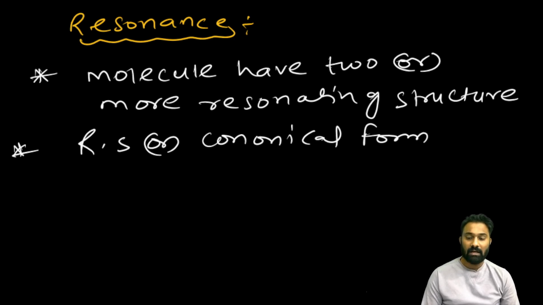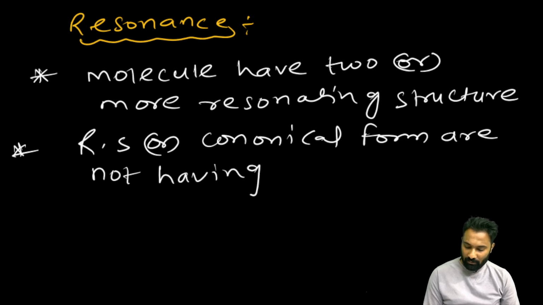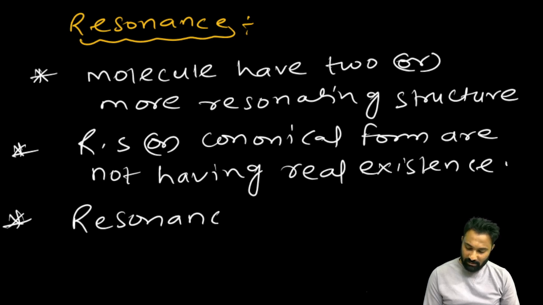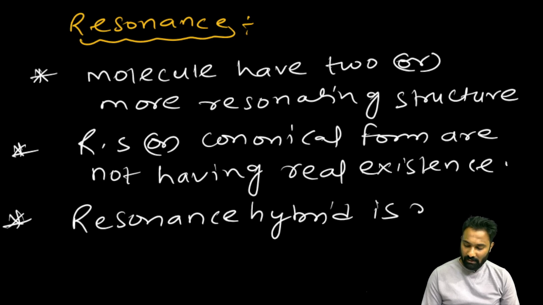Resonating structures and canonical forms do not have real existence. Clear? Now which has real existence? The resonance hybrid is real. The resonance hybrid is real.